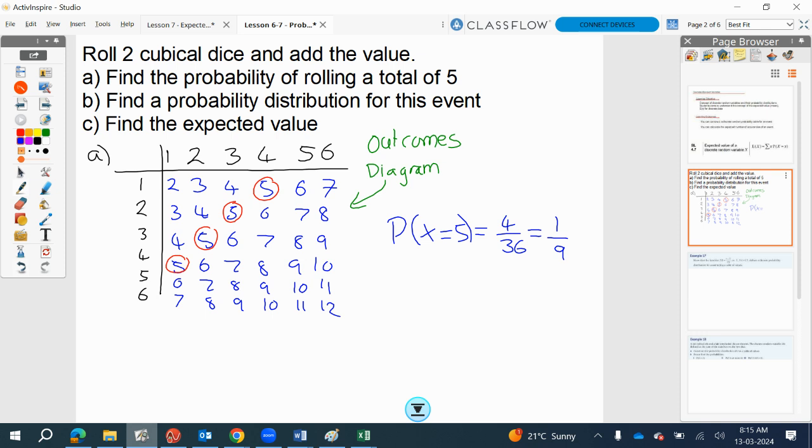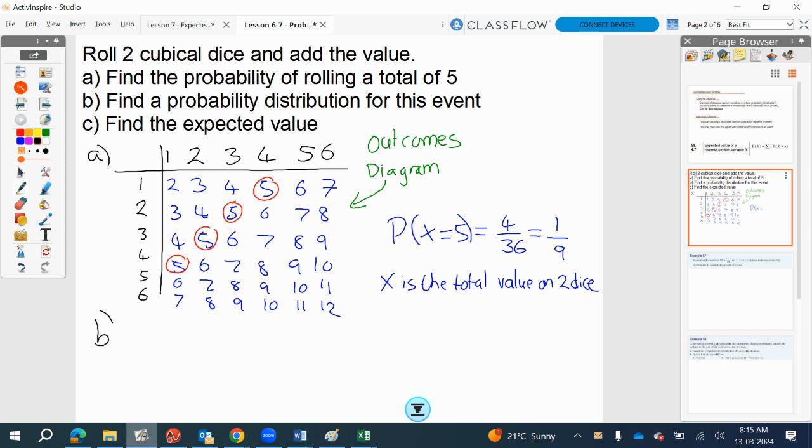It's the result of rolling 2 dice. So x is the total value on 2 dice.